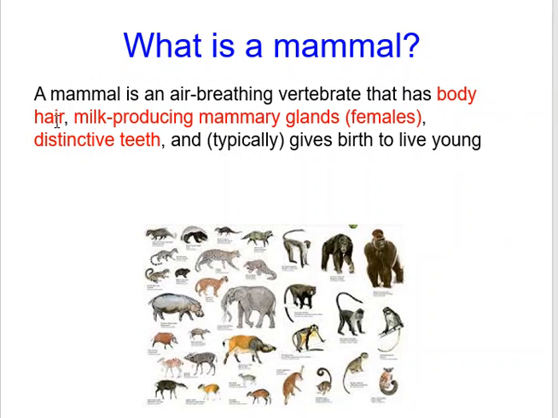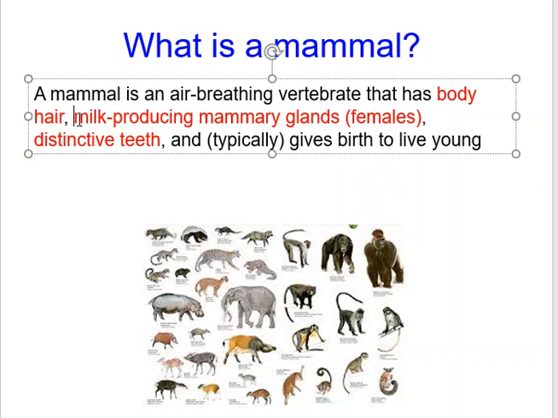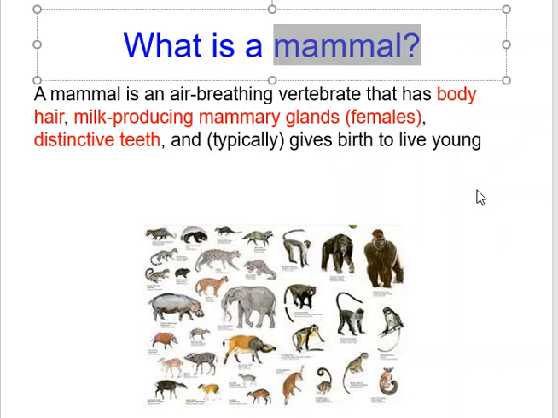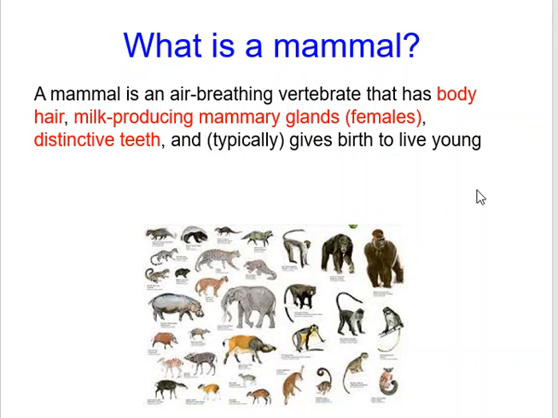So most mammals have body hair, but not all. But all mammals produce milk, so this is the real distinctive factor of mammals. Mammals also have distinctive teeth and typically give birth to live young, meaning typically they don't deposit eggs, typically because there are mammals that do deposit eggs. We're going to talk about this group shortly.